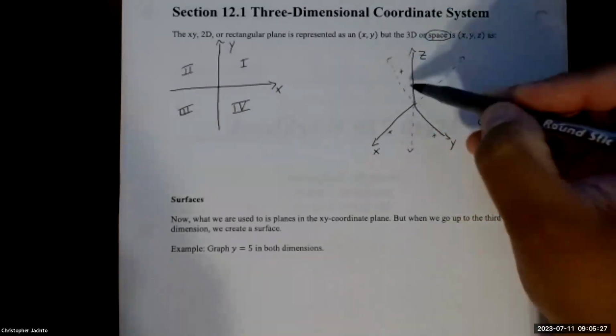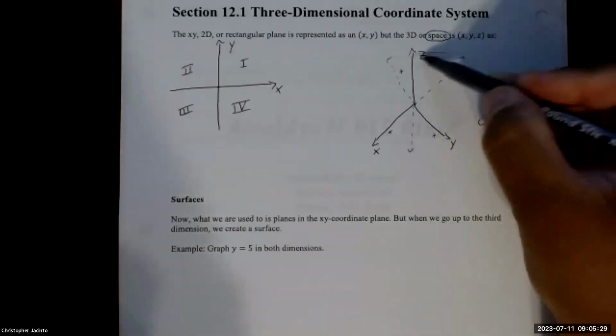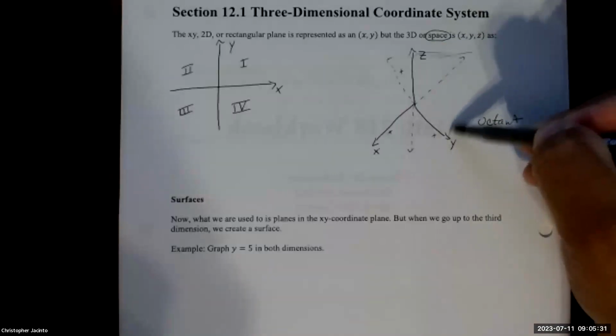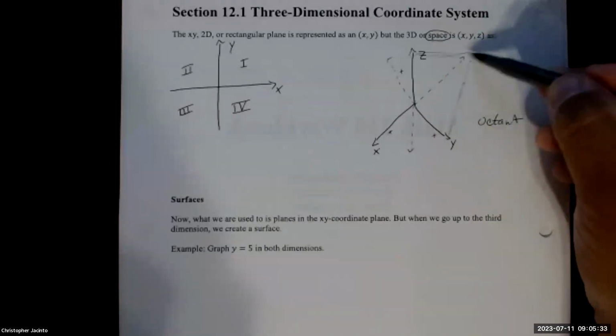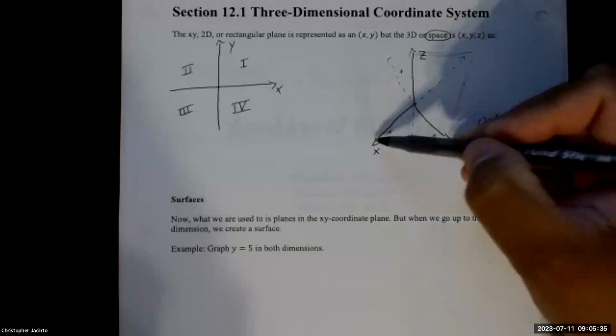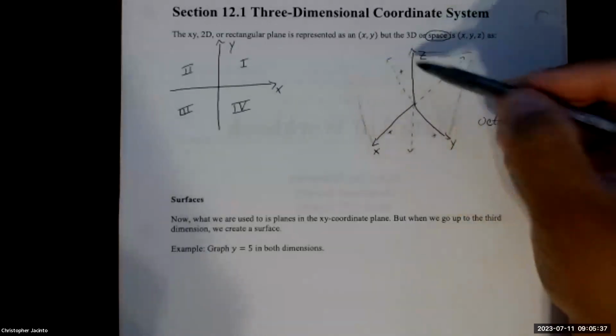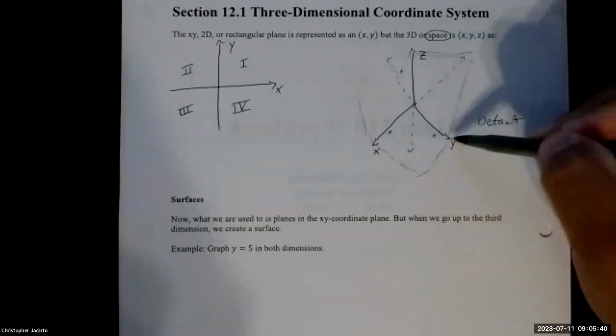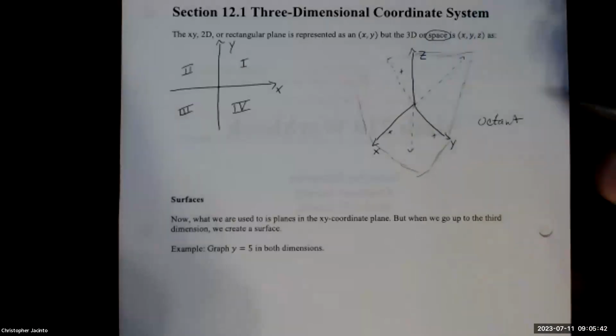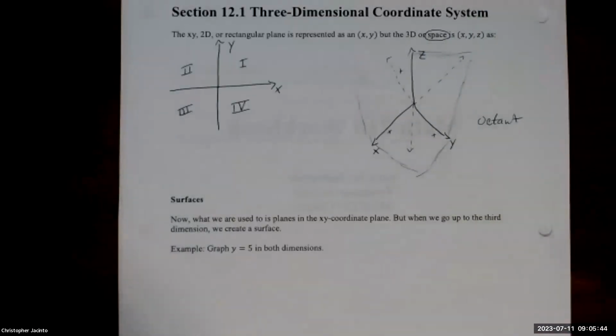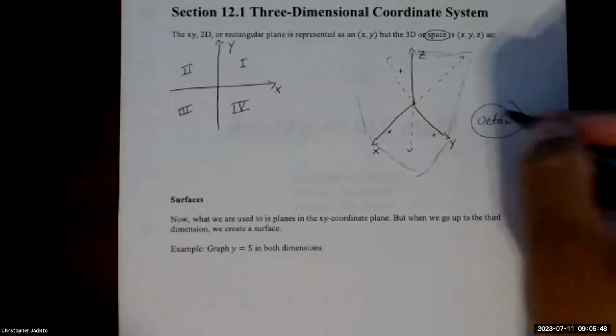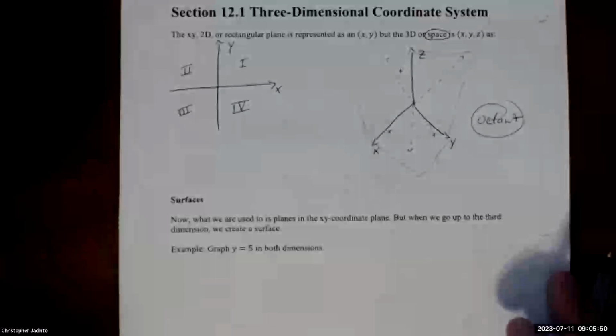The first one you can kind of see here, we have the ZY plane here, just like a piece of paper. Next one is here. Next one is here. And that's just 3, and we have another 5 more on the back itself. So again, we have octants in the XYZ plane.